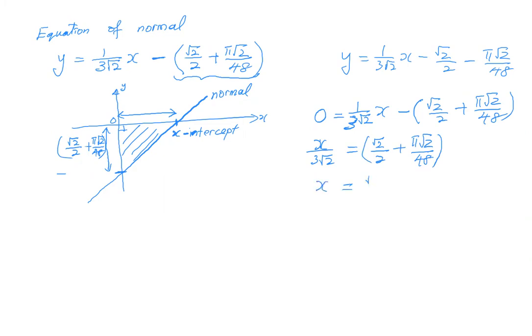So it's root 2 over 2 times 3 root 2 plus pi root 2 over 48 times 3 root 2, correct? This one bring over. Okay, root 2 times root 2 is 2. So this one is 3. Okay, 3 and 48. Yeah, root 2 times root 2, you got 2. So you got pi over 4.